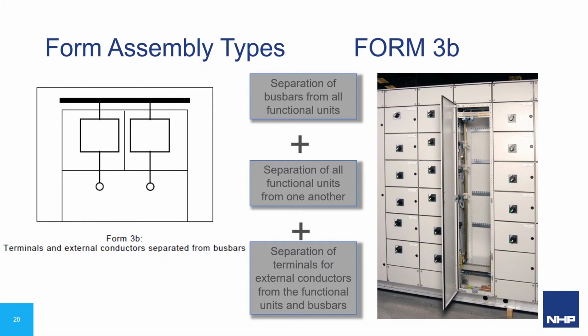This form of construction allows for fast installation of external conductors on site, but has a slightly increased risk compared to the Form 4 construction, as all the terminals can be in the one compartment with no requirement for IP separation.